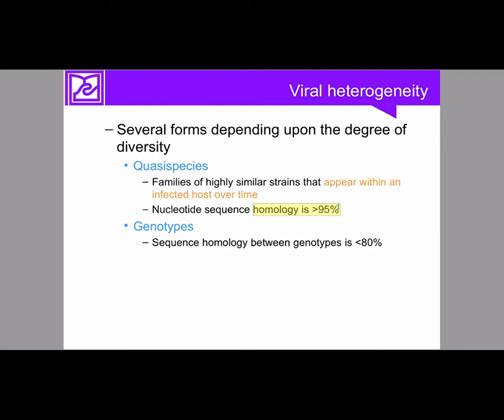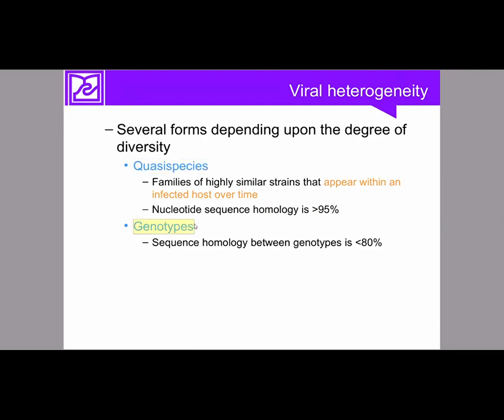This problem is not only found in hepatitis C virus. This problem is also found in yellow fever, not so much, but in dengue virus, in HIV, and other RNA viruses, okay? So that is the concept of quasi-species. We can also find different genotypes.